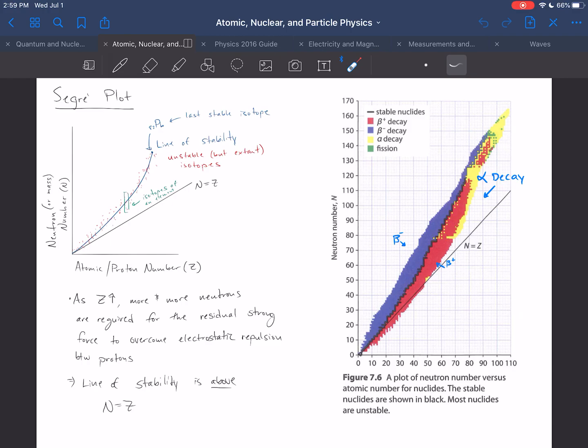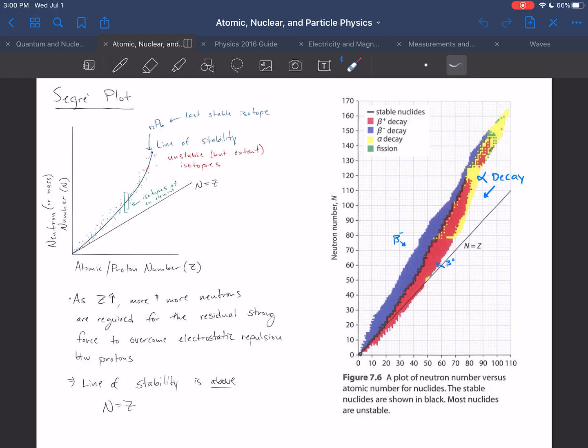As it turns out, there is a last stable isotope. If you get too big as a nuclide, you are also unstable. Lead-82, lead with atomic number 82, is the last stable isotope that one can make. This is part of why you've heard of it, why it has such notable properties, actually. It is the heaviest stable isotope that we can put to good use.